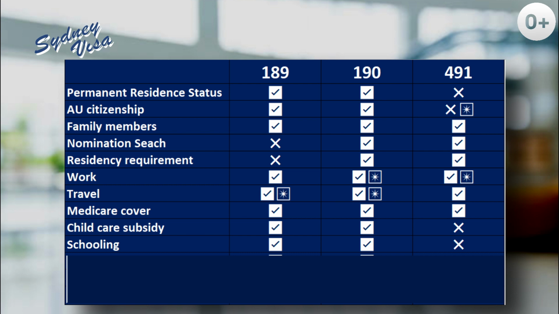The cost of tuition varies between the state and the year of enrollment. In New South Wales, the cost is about $5,000 per annum. And this is, mind you, much lower than you would pay if you were in Australia on a student visa.